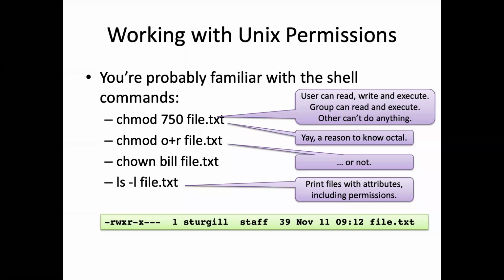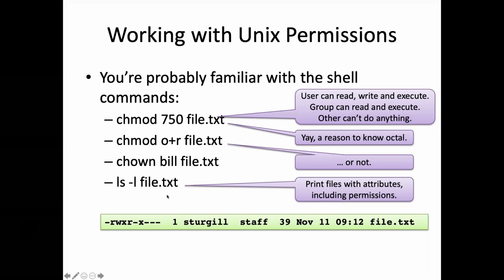There are standard shell commands for letting you look at and change the permissions associated with a file. If you run this last command, ls -l, I know that looks kind of like a 1, but that's an L, on a file, it'll tell you the permissions associated with that file.